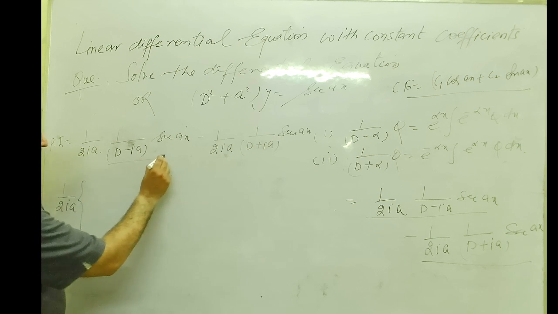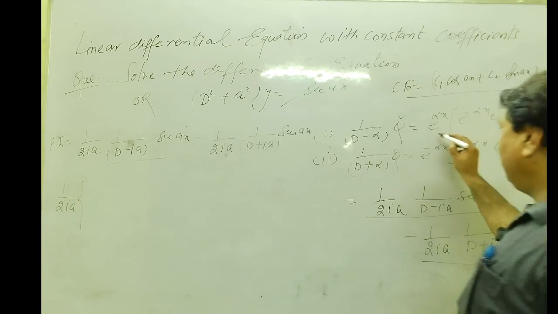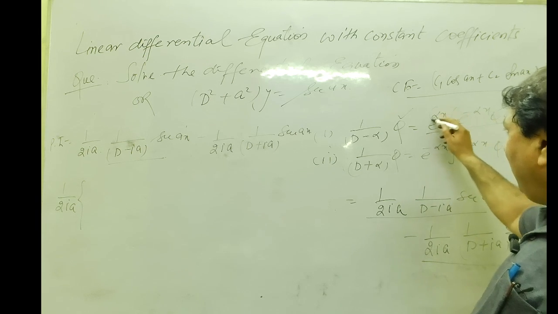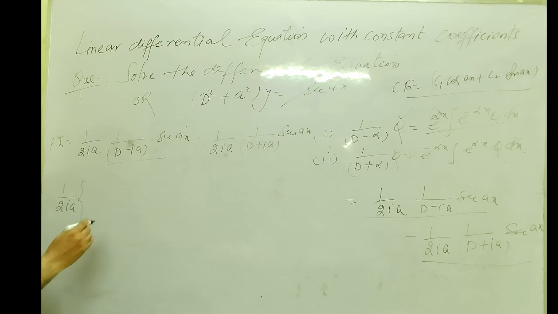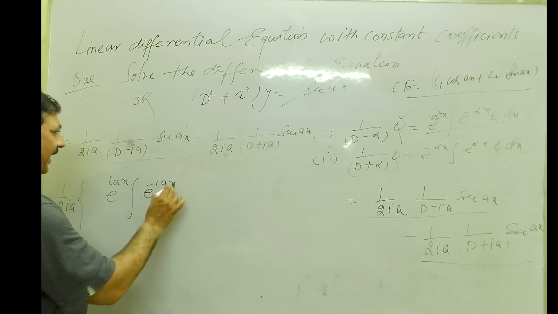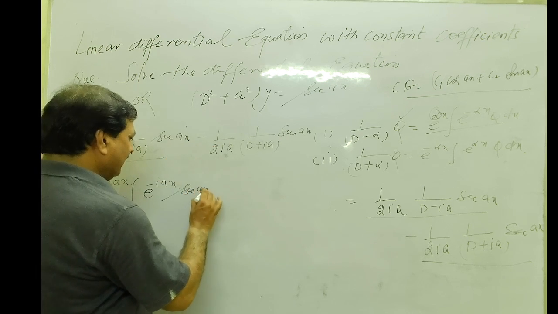Apply this formula. Please pay attention: D minus a, and Q is the sec ax. Attention please, my dear student, here e power alpha x, alpha equal to a. That means here apply e power iax, the imaginary number, e power iax integral e power minus iax, and Q is sec ax, sec ax dx.